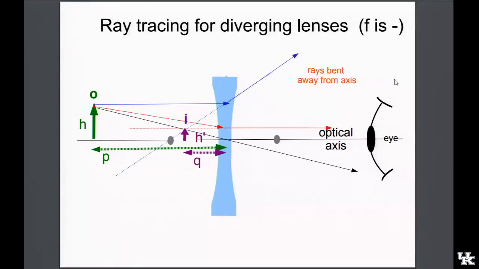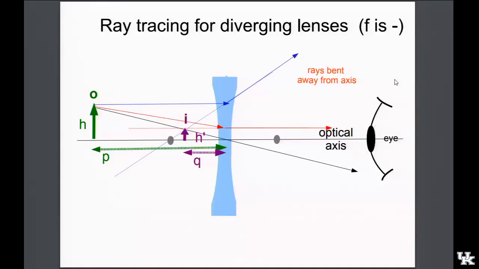To draw that, I've drawn that ray heading down here towards this focal point on this side of the lens, and then it's refracted, it's bent so that it heads parallel. So again, it goes inwards towards a focal point, and heads outwards parallel to the optical axis, and I've picked the focal point that will give us a diverging ray. And so that's how we draw the second diverging ray for the diverging lens.